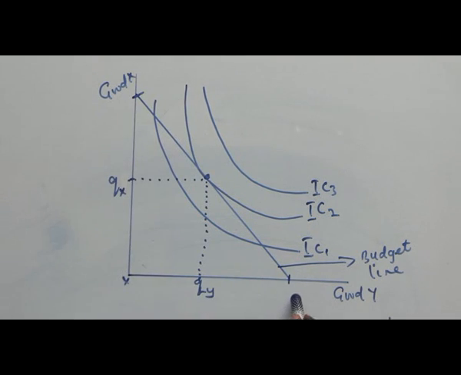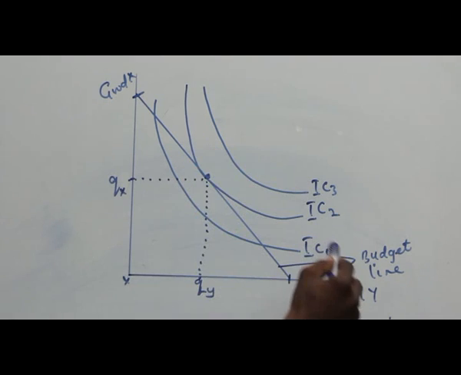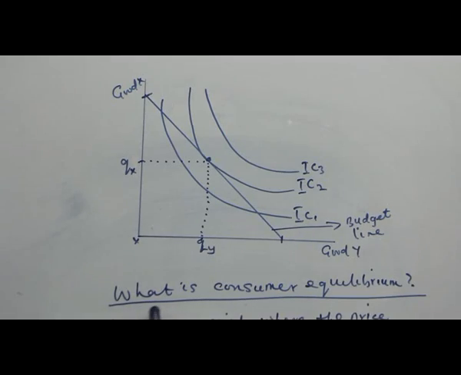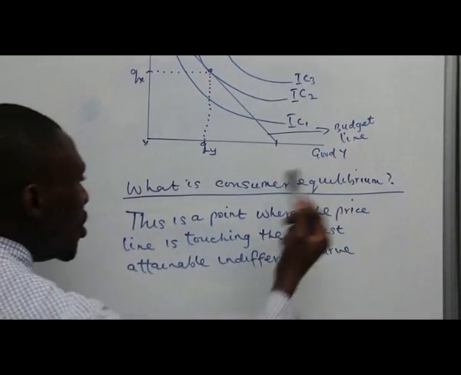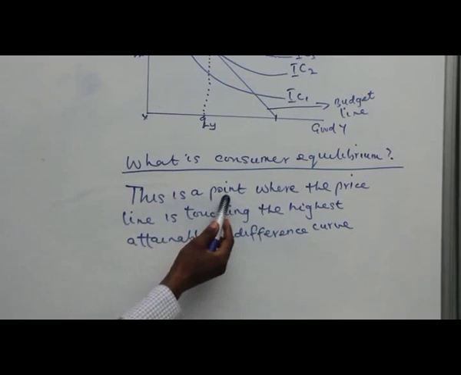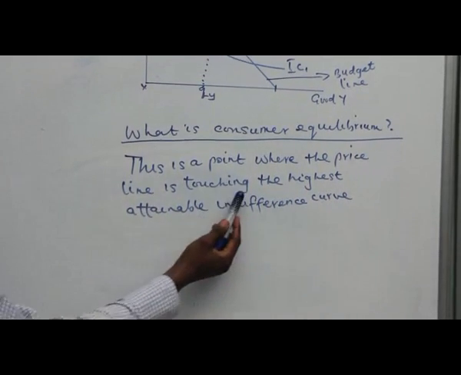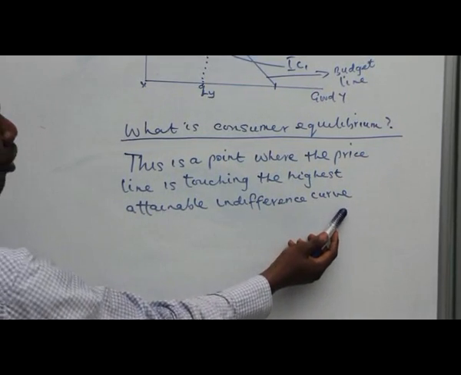So where the consumer can have equilibrium is where the indifference curve touches the budget line. The question now is, what is consumer equilibrium? This is the point where the price line that we call the budget line is touching the highest attainable indifference curve.